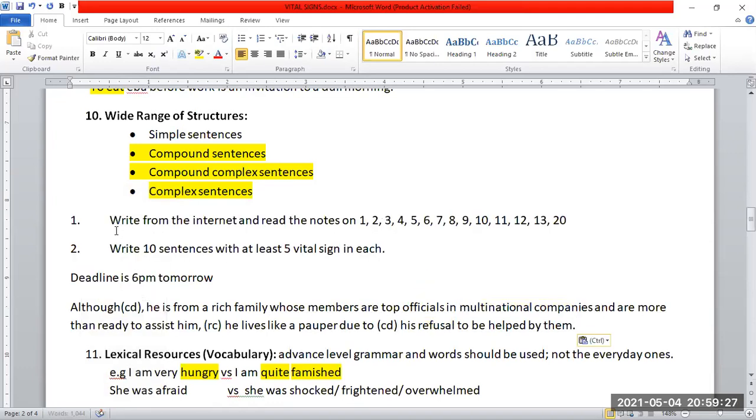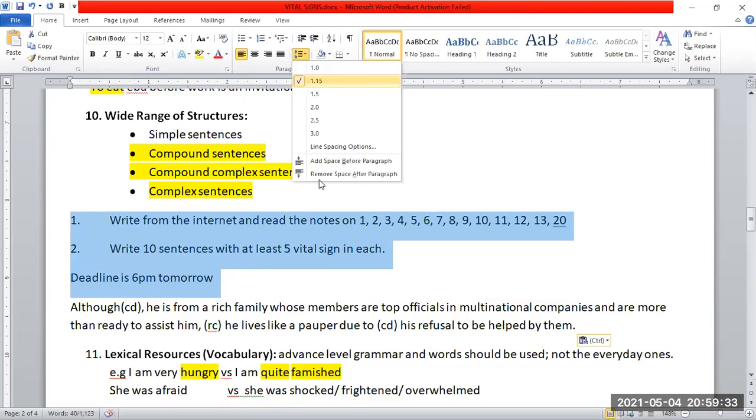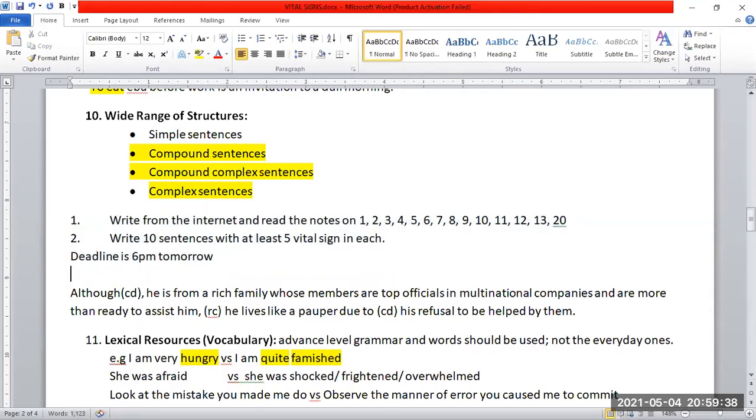Now, this is your assignment. I'm expecting that you write from the internet and read the notes that you write on vital signs 1 to 10. I think I'll have to change it to 1 to 10.